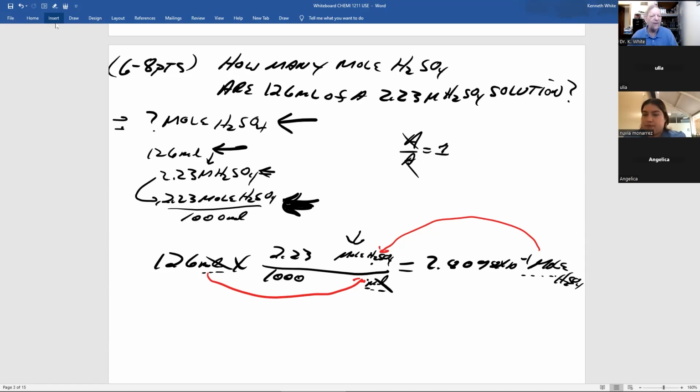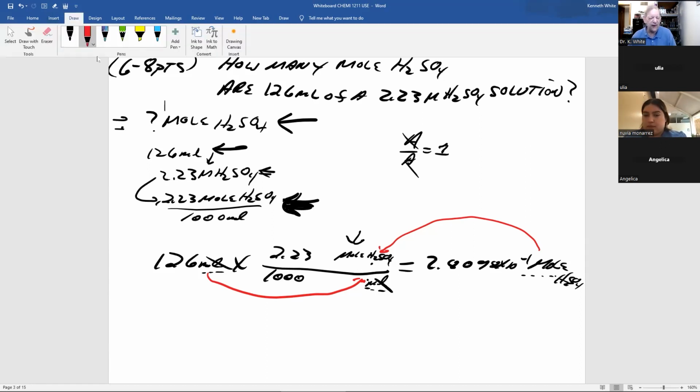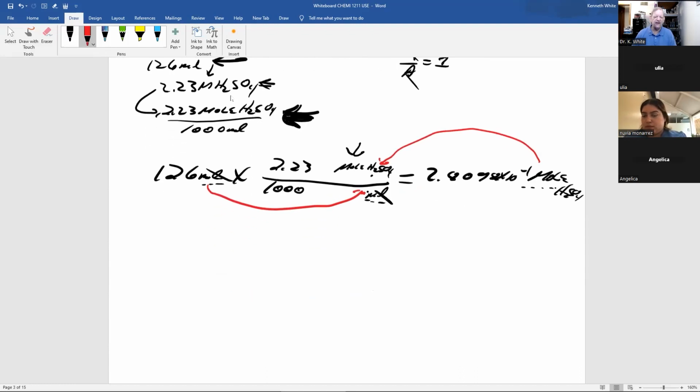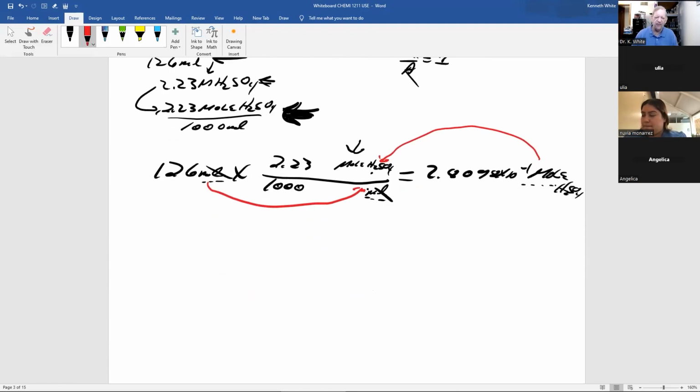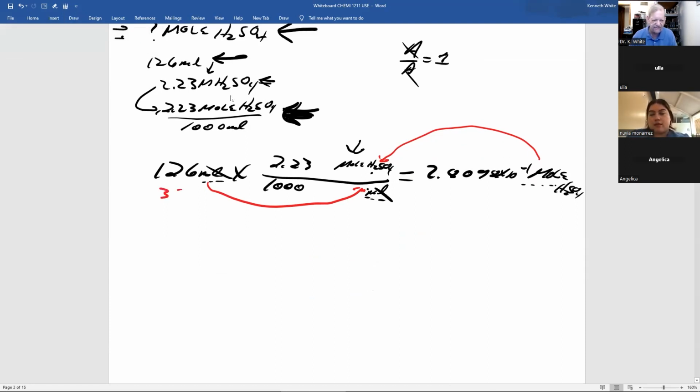And I know when we're doing multiplication and division, you get the same number of significant figures in your answer as the number you're multiplying and dividing that has the fewest significant figures. All non-zero numbers are significant. 3 there, 3 there. The 1,000 is part of the definition, an exact number, so it plays no role. So this should have 3 significant figures.